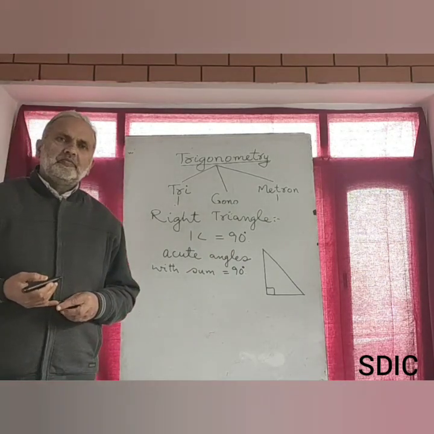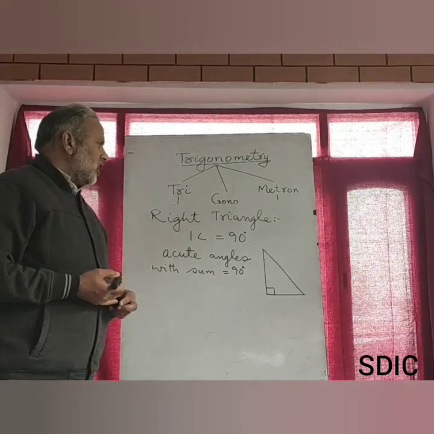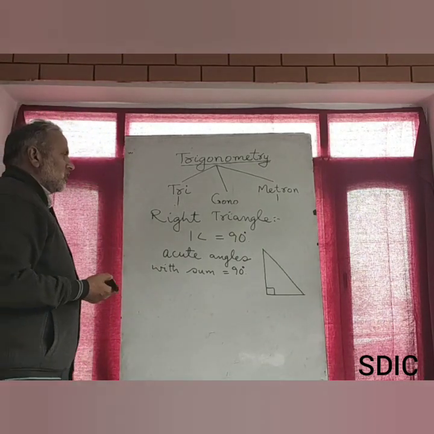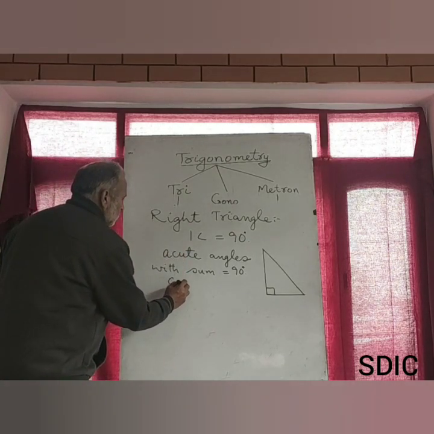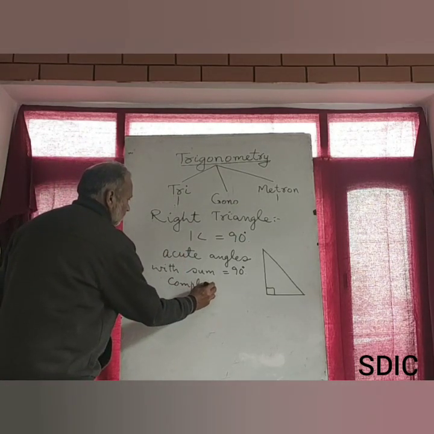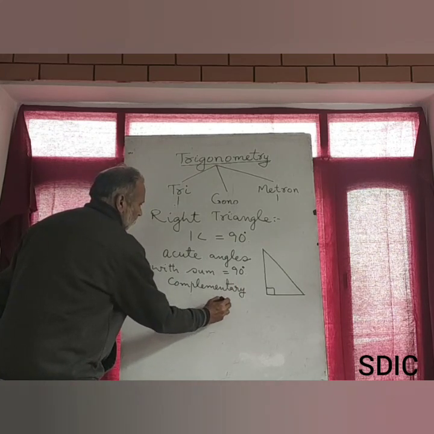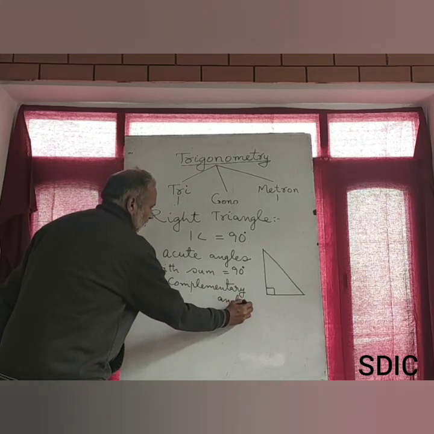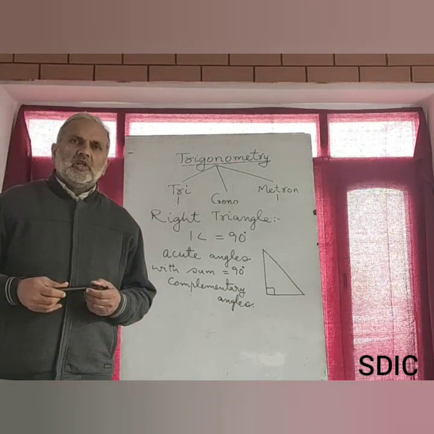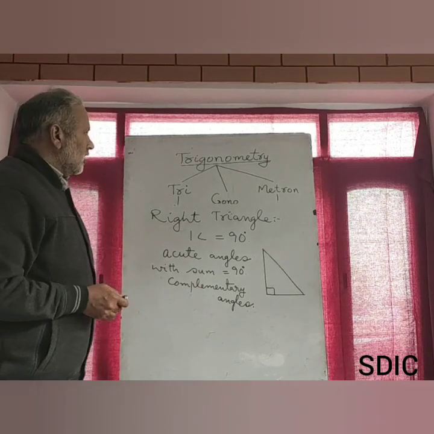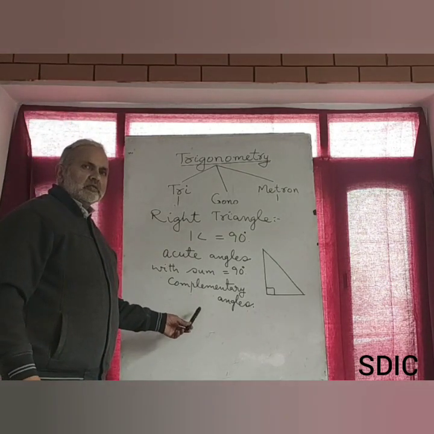And you know, such pair of angles which have sum equal to 90 degrees are called complementary angles. Thus, the two acute angles of the right triangle are complementary angles.